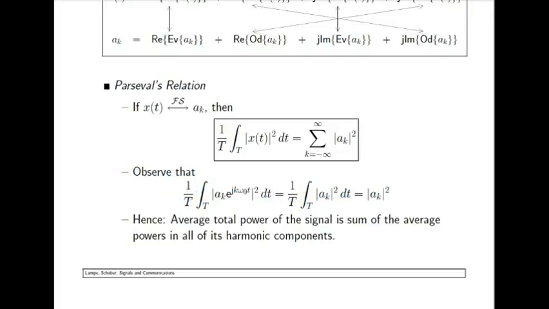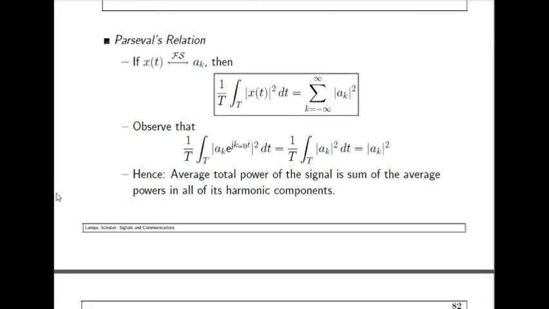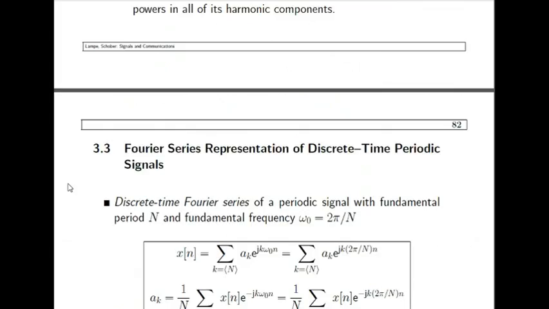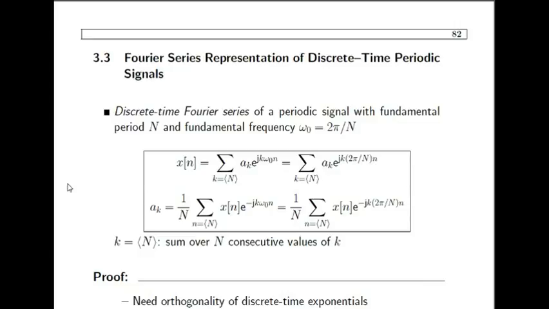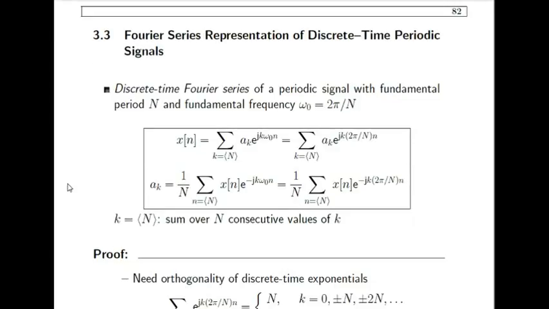It shows that the average total power of the signal is the sum of the average powers in all its harmonic components. It is just a statement about total power.